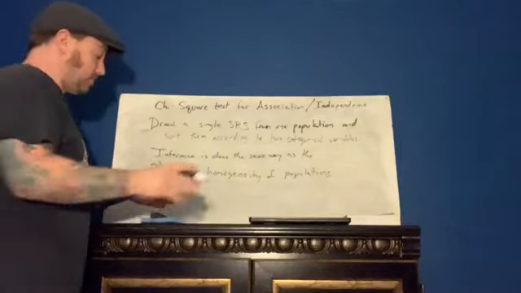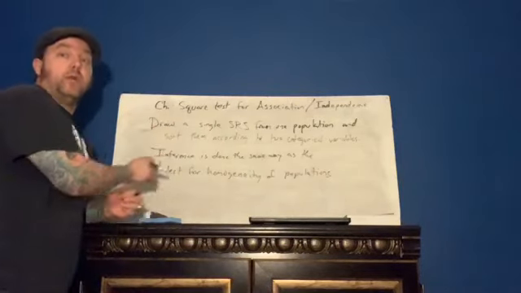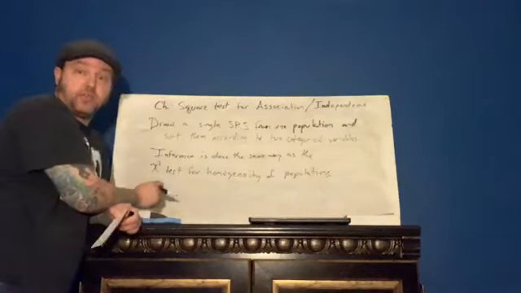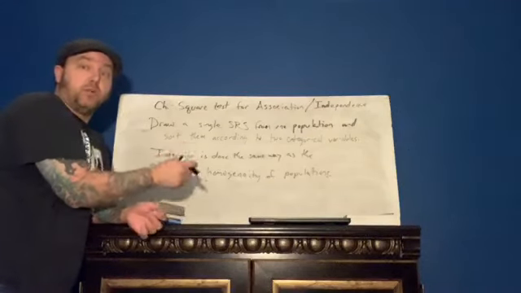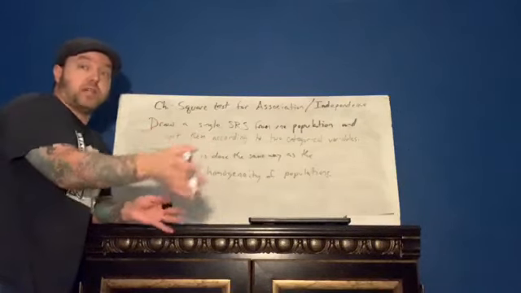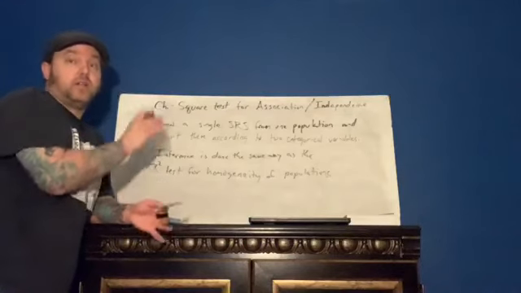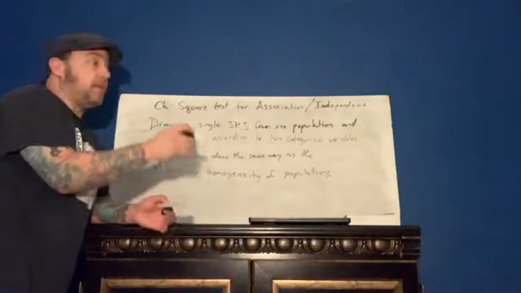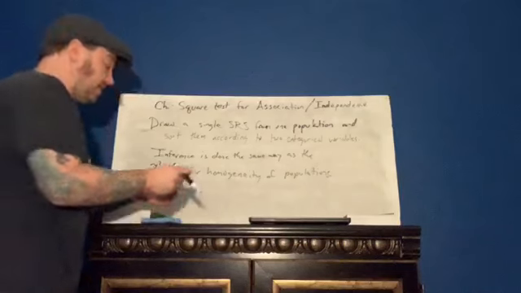Okay, so now when we did chi-square for homogeneity of populations, H naught was P1 equals P2 equals P3 equals P4 equals however many populations there are. All the populations are the same. HA was at least one is different.